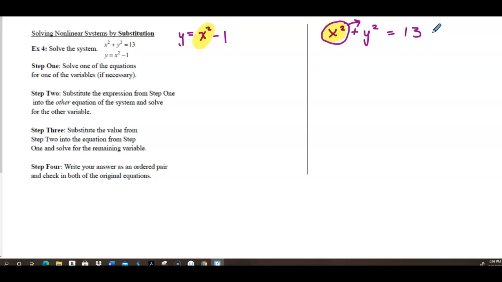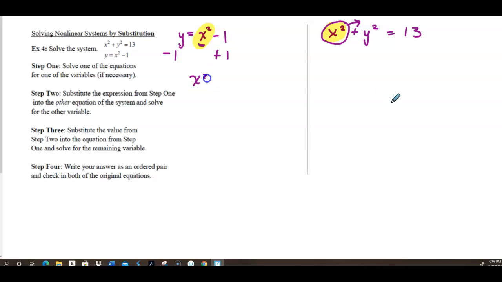Now, because this is nonlinear, it is easier to solve for x squared than it is to use y equals. Because if you were to plug x squared minus 1 in for y, you would have to square that, and now you have a pretty complicated equation. So what I'm going to do instead is solve for x squared.